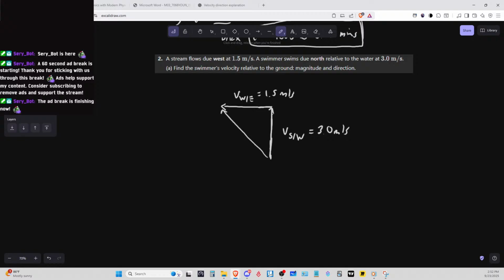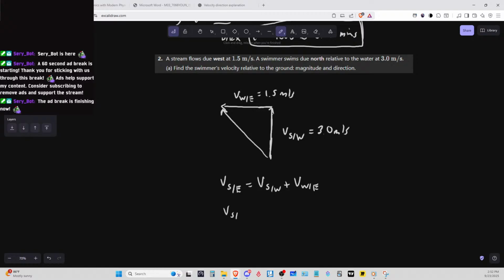So we have this. Now before we start drawing angles, I have to think about exactly how we're going to do this. So the equation for the swimmer on Earth is the swimmer relative to the water plus the water to the Earth.